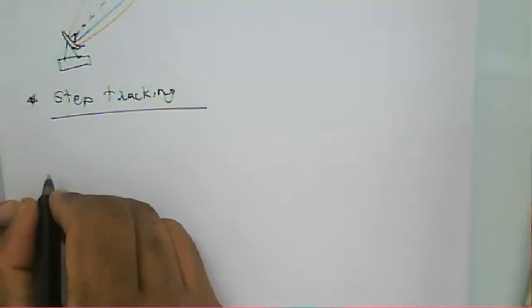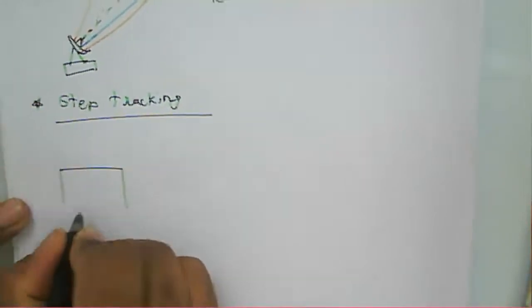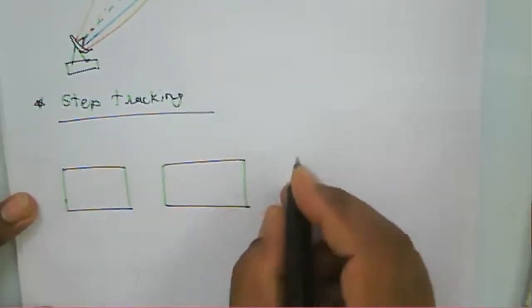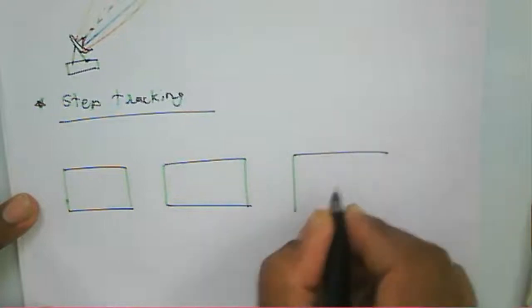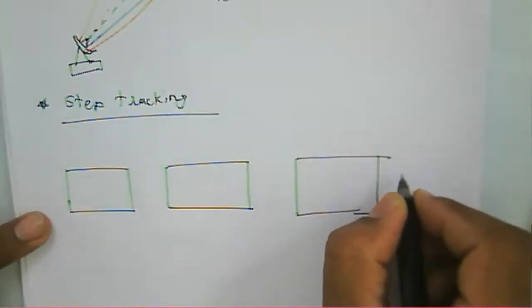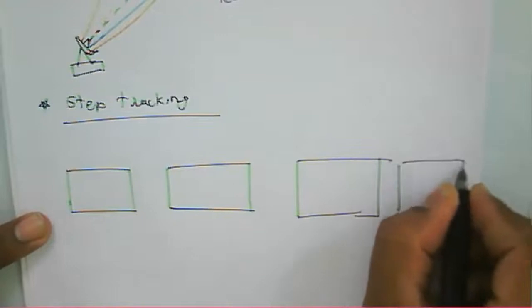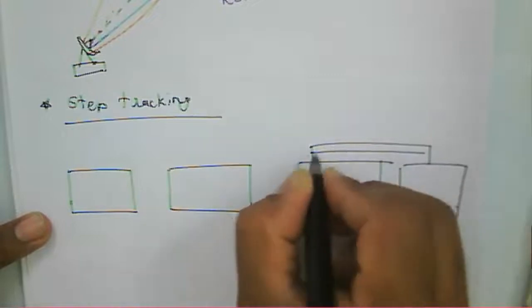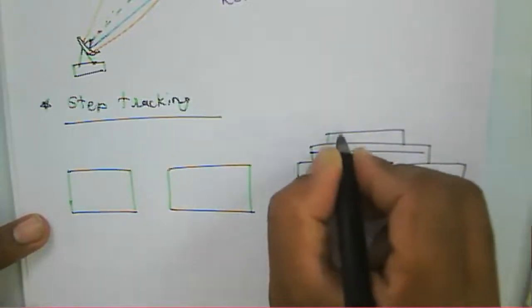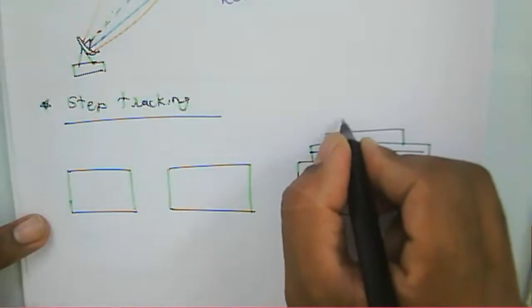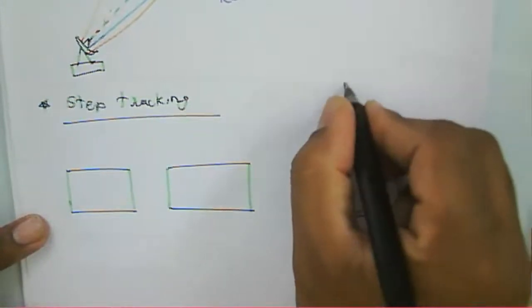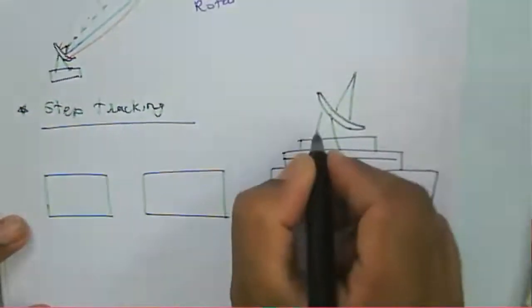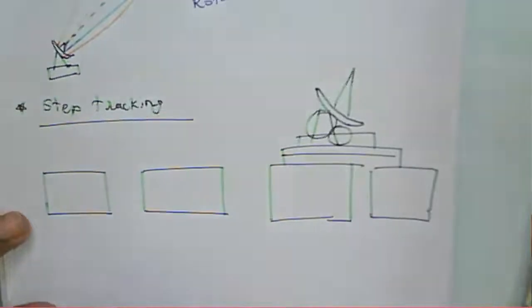You can say that we have a stepper motor present on the position of this antenna here. We have the satellite there. So these are the various motors to be used.